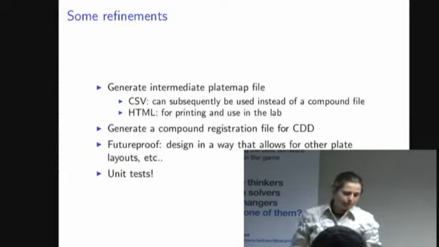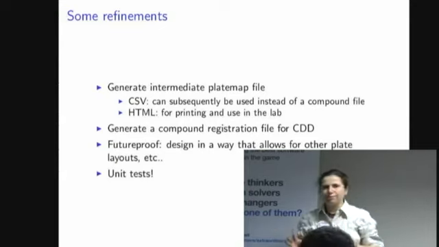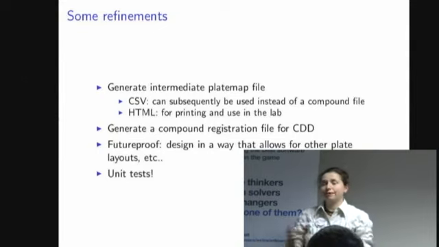Something which I recently added was also generating an additional file for CDD for registering the compounds, which is a slightly different format, but that's also relatively simple to do if you have the compounds. And I've tried to design the code in a relatively future-proof way. So right now the layout is standard and doesn't change, but later they might decide to do a different kind of assay.